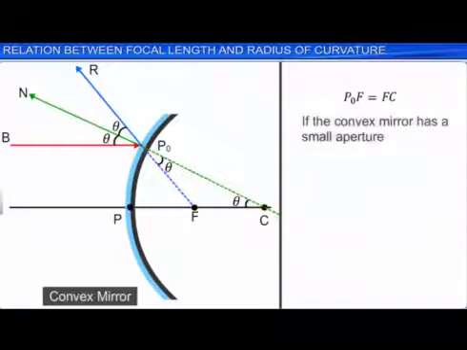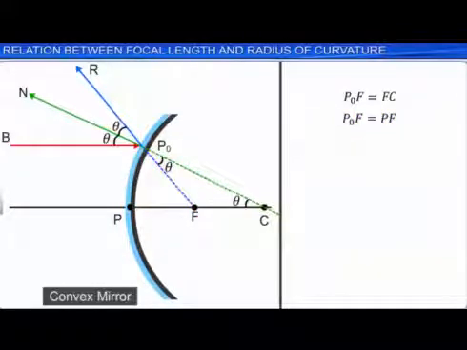If the convex mirror has a small aperture, point P0 is very close to point P. So P0F would be equal to PF. By replacing P0F by PF, we get PF is equal to FC.